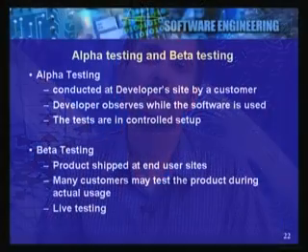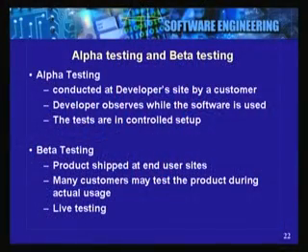Then we hear these two terms, alpha testing and beta testing, quite often with respect to testing scenarios. So what is alpha testing? It's conducted at the developer side by a customer. The developer observes while the software is being used, and the tests are in a controlled setup at the developer side. And beta testing occurs at user sides.